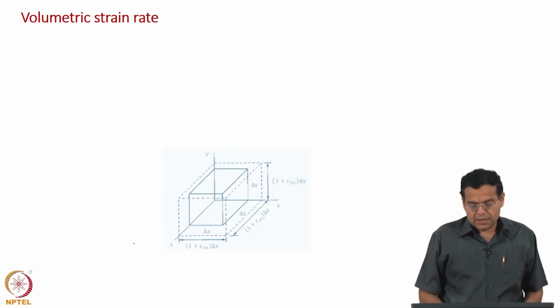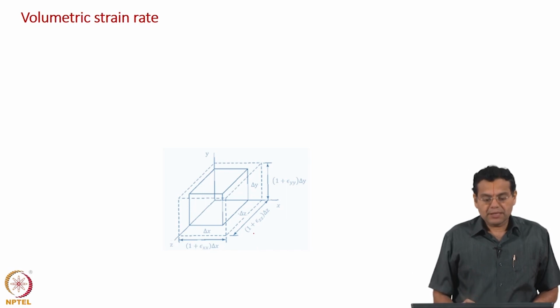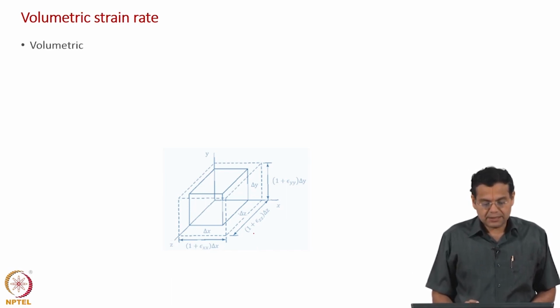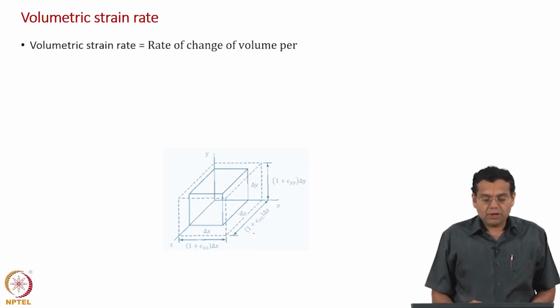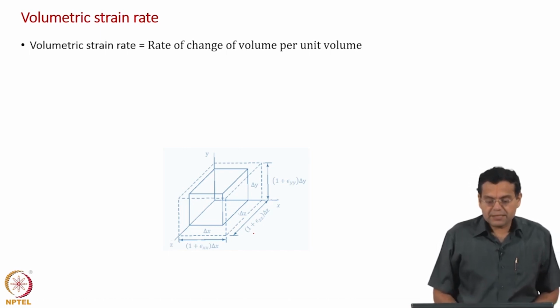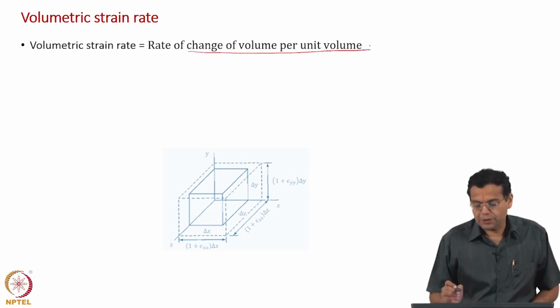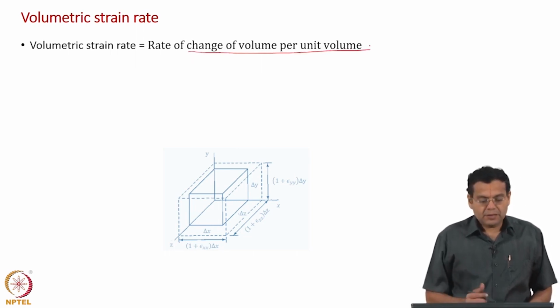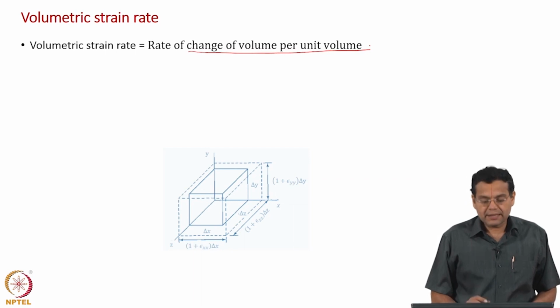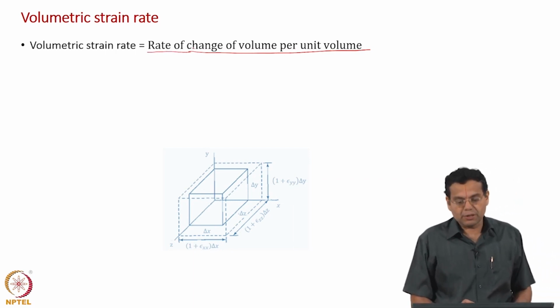Now, analogously we can relate the volumetric strain rate to the velocity gradients. Let us see how we do that. First, let us define volumetric strain rate. For volumetric strain, it was change of volume per unit volume, and so the volumetric strain rate is rate of change of volume per unit volume.